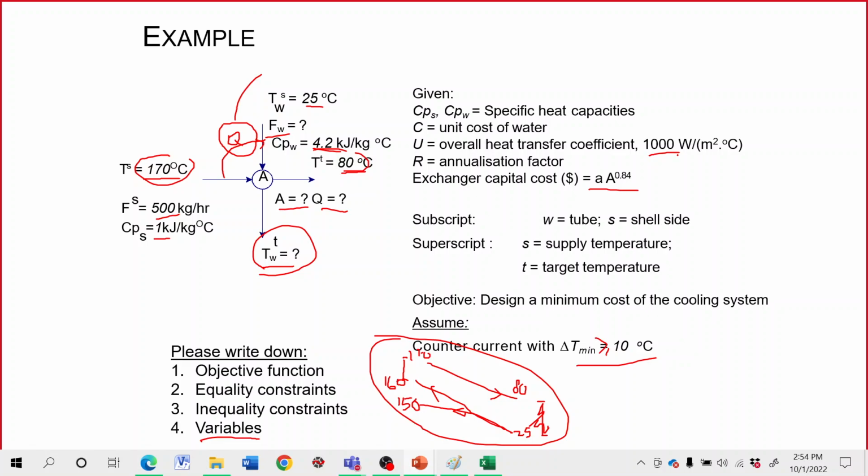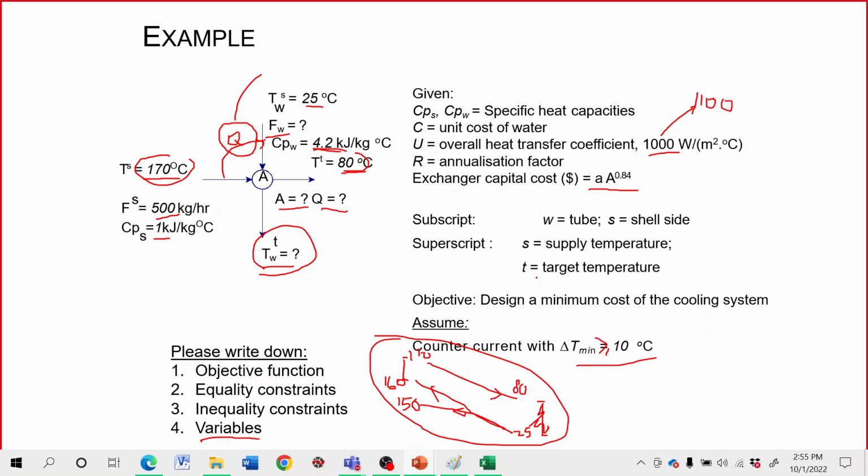But suppose we have made the model and we try to solve it and we get a number. Then we could use the same model and solve it again by changing one or some of the parameters. For example, what if the overall heat transfer coefficient becomes 1100?